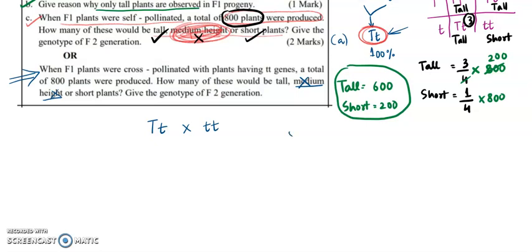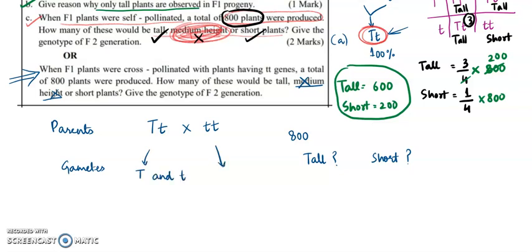Out of 800 seeds, we need to calculate how many of them are going to be tall and how many of them are going to be short. This is just like part A, which we have just solved. Here these are our parents, and the gametes would be capital T and small t, two gametes, because this is the heterozygous condition, and here the only gamete would be small t.